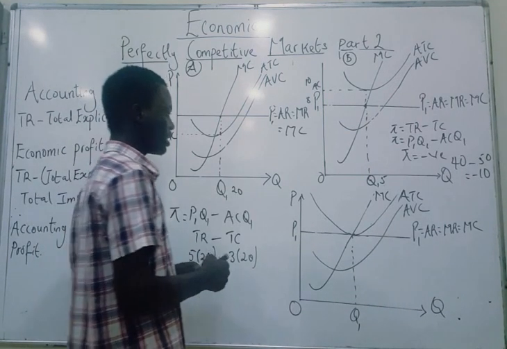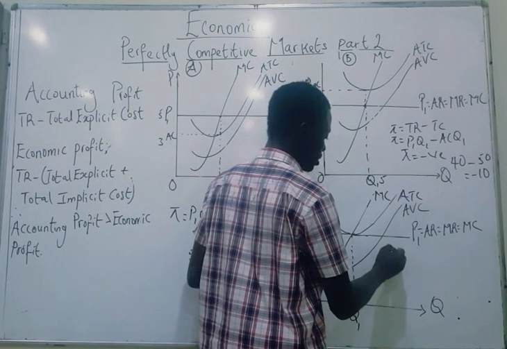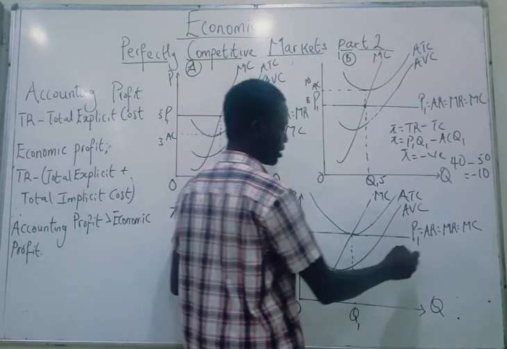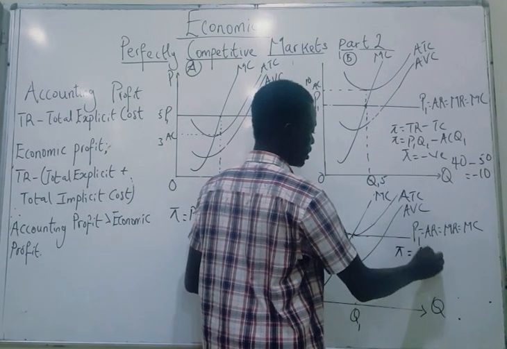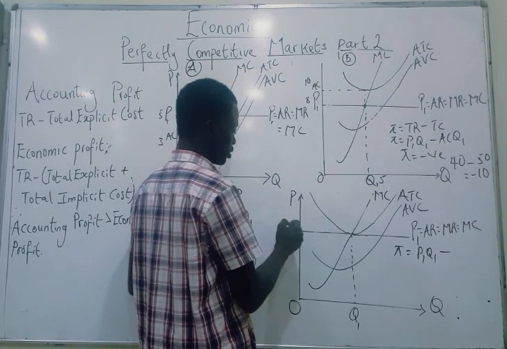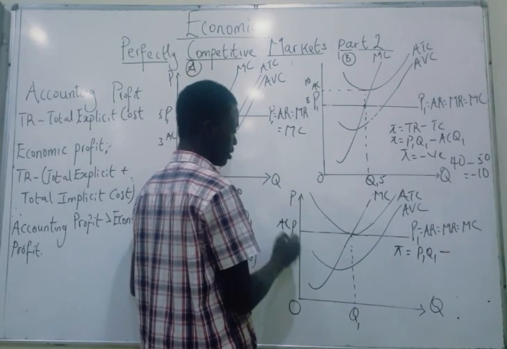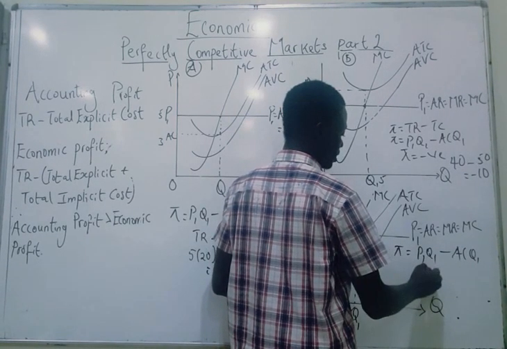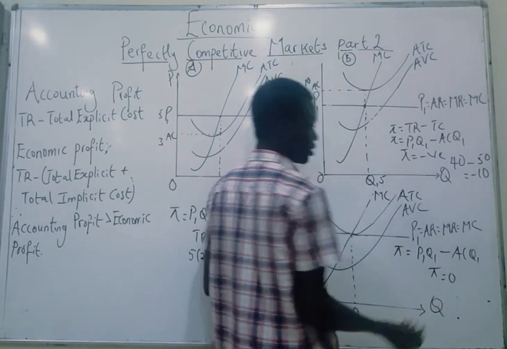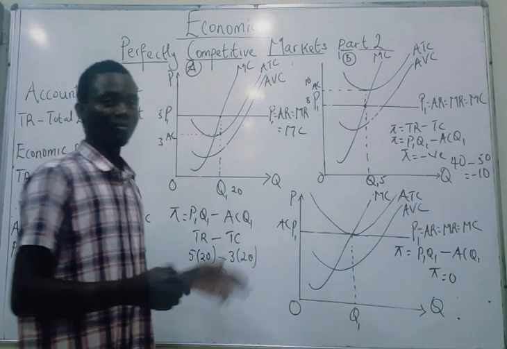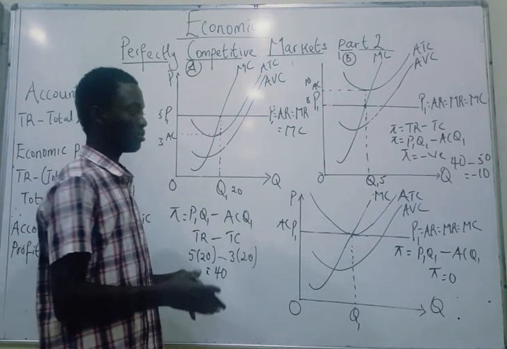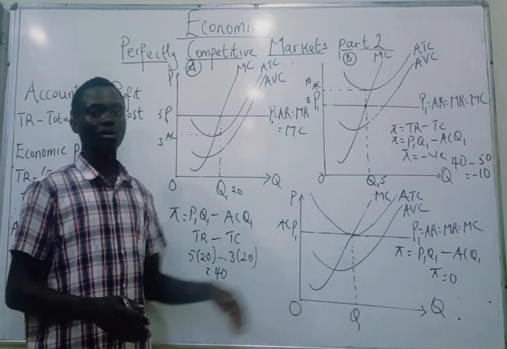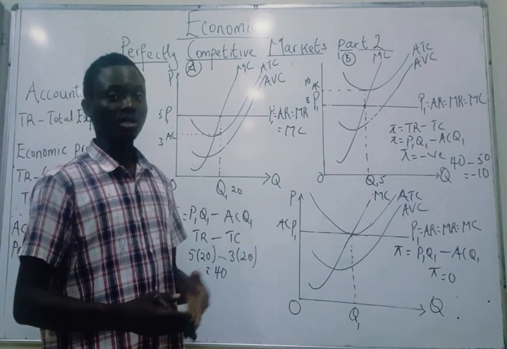So profit is going to be P1 times Q1 to get the total revenue, minus AC times Q1. So profit here is going to be 0. In this particular case, we have zero economic profit. This point is also called the break-even point.